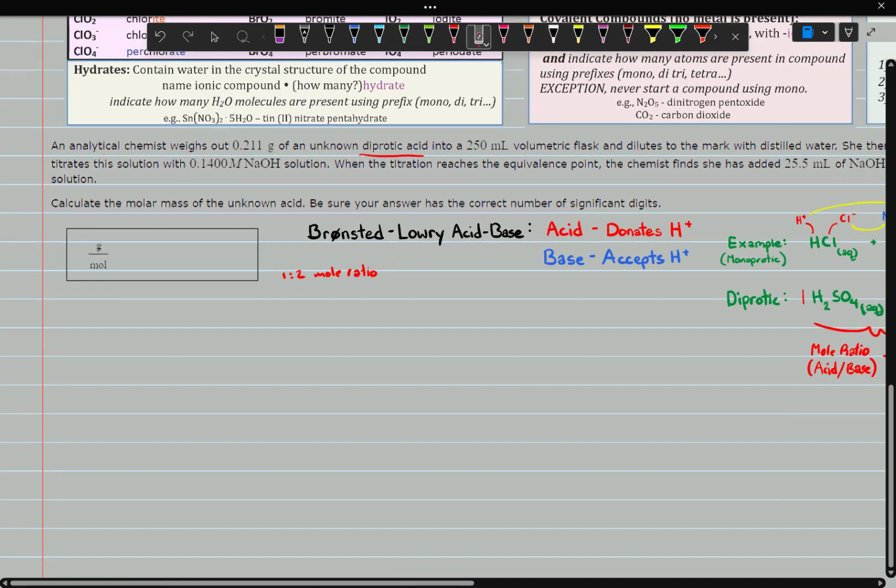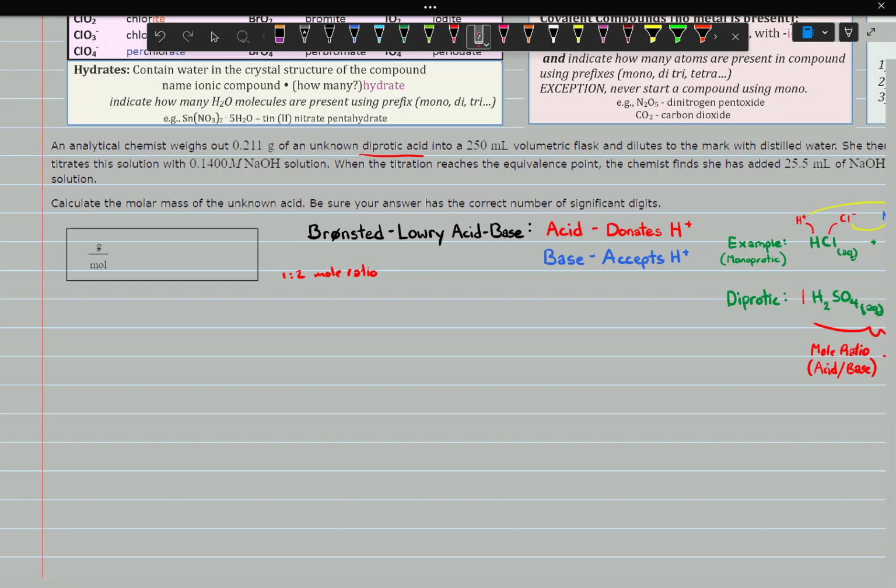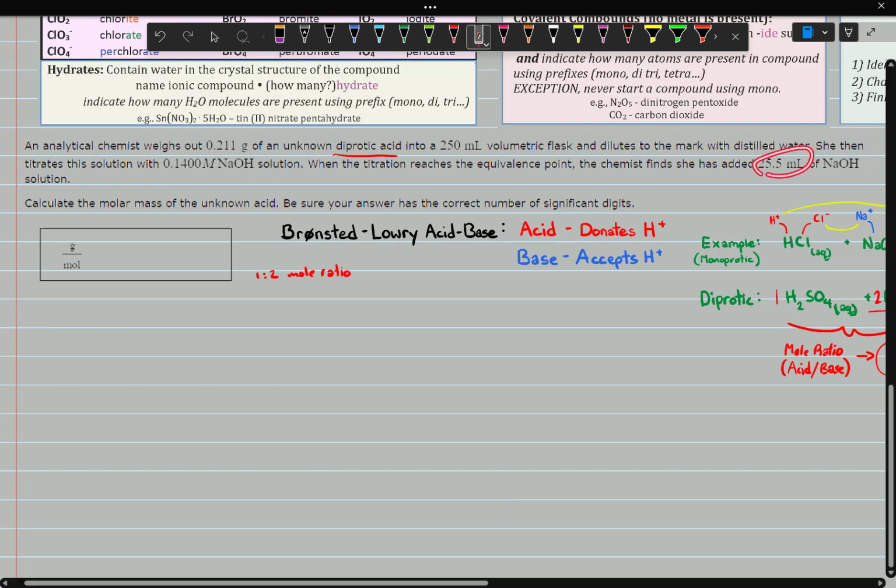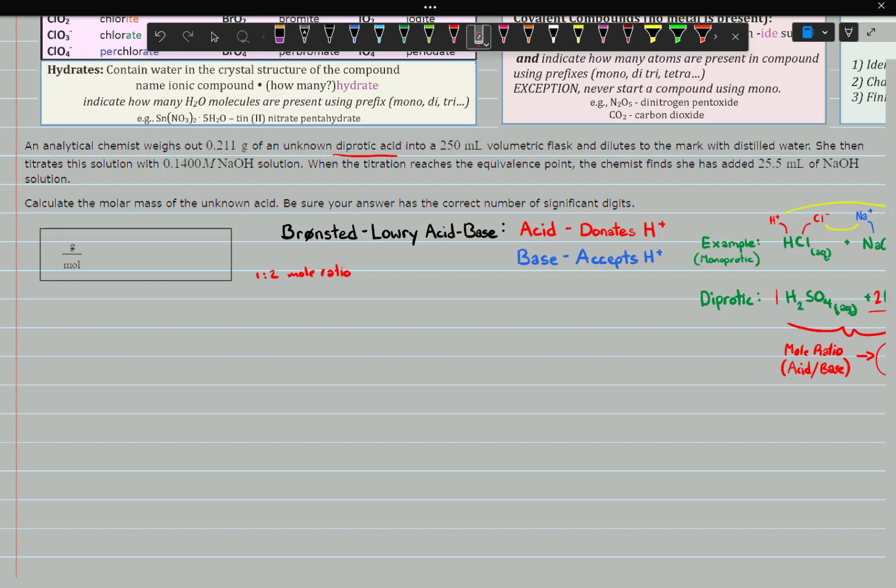So in this problem, we're given a molarity of NaOH, we're given a mass of the acid, the volume that acid is diluted in, and we're given a volume of sodium hydroxide used. And we want to find the molar mass of this unknown acid.